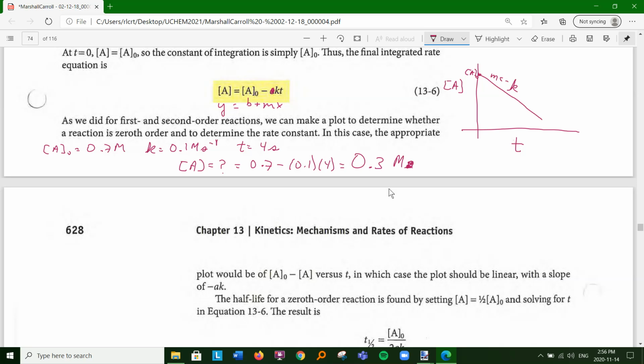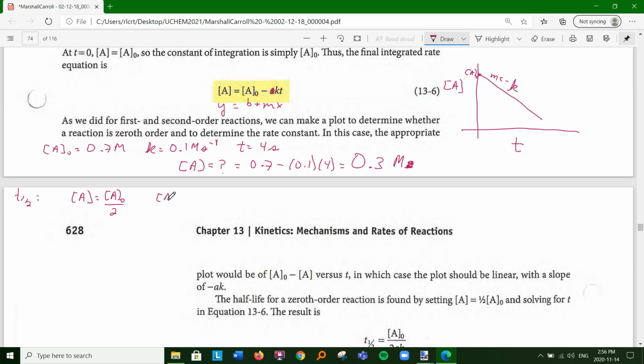Okay, so that's a graph of A versus T. And if I wanted to get the half-life for this, my A would equal A naught divided by 2.